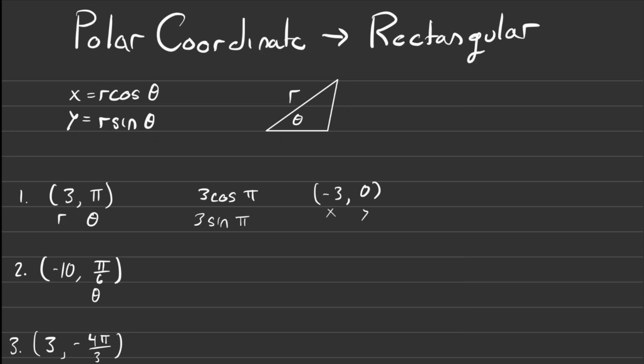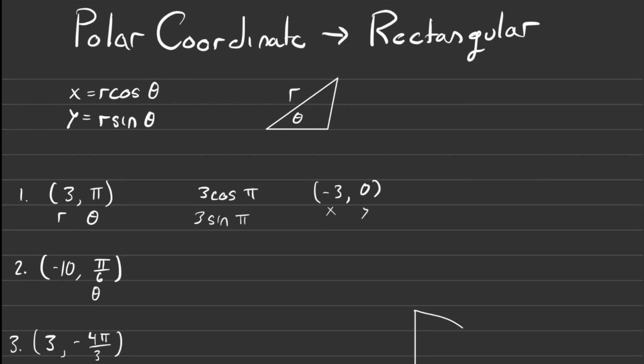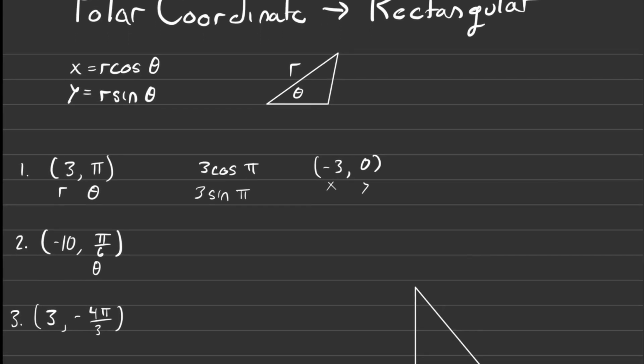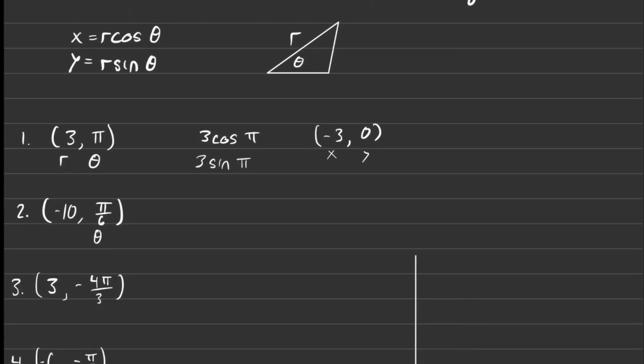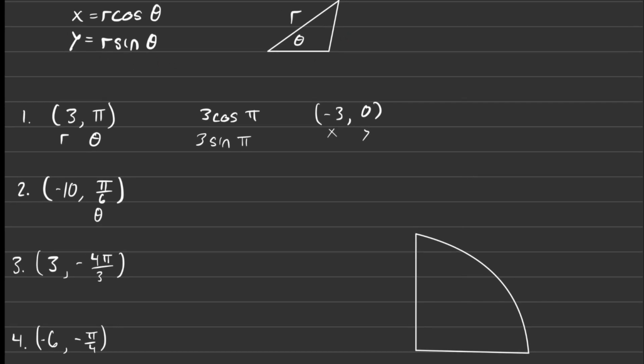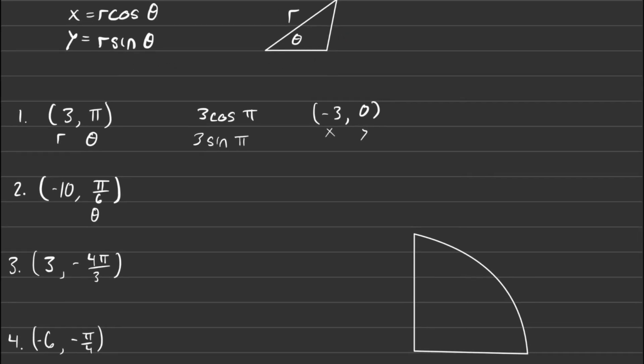A great way to memorize if you don't have your special angles memorized is to draw one sector of the circle. And this is how I memorized my unit circle. Just start from 3 and count 3, 2, 1, and then 3, 2, 1.